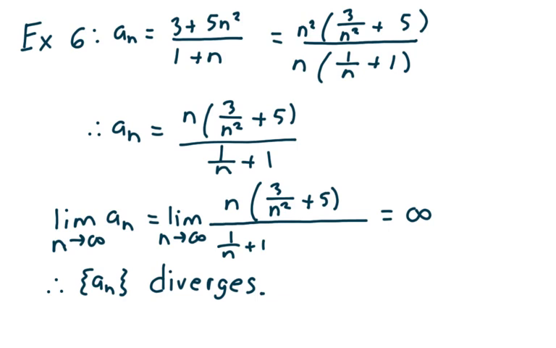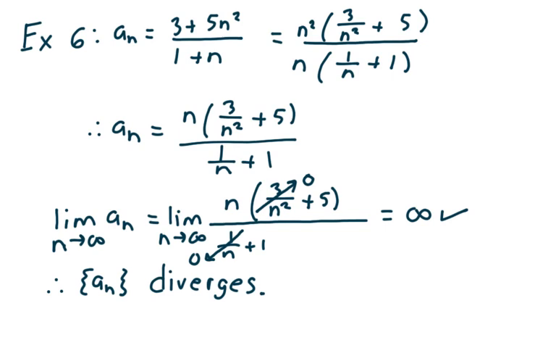But as n gets large, 3 over n squared goes to 0, and 1 over n goes to 0, right? And so what we get is infinity. And so what that tells me is that the sequence a sub n diverges. Not all sequences converge. It just so happened that the first 5 examples we chose converged.